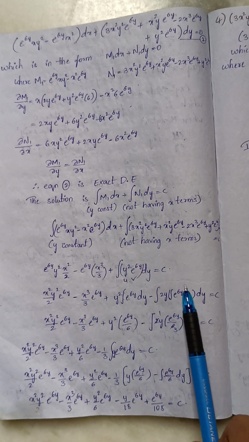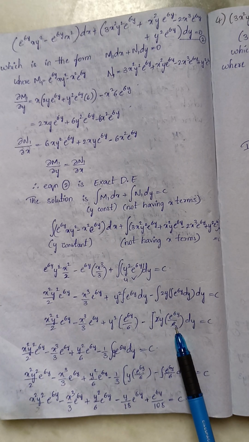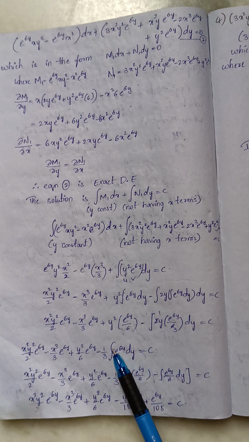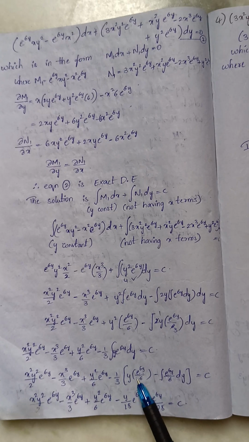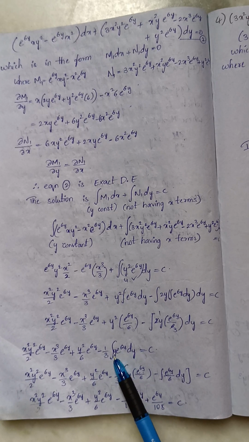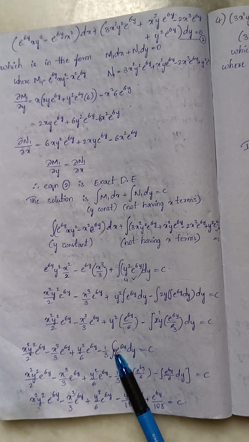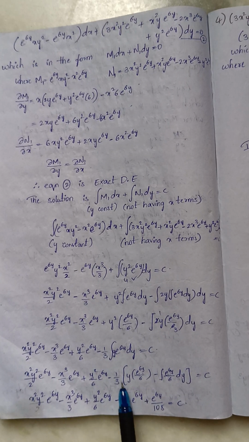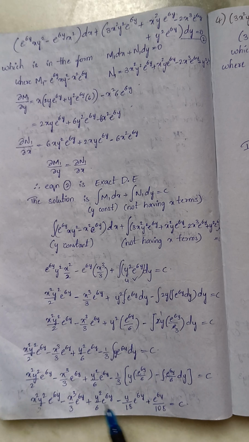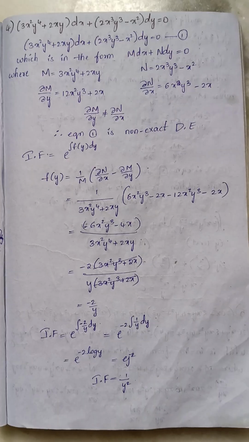Similarly y into e^(6y) by 6 here. Again it is in the form u into v. Again we can take u into integration of v minus integration of derivative of y, which is 1, into e^(6y) by 6 here. Again multiply for each term, then we are getting the solution.